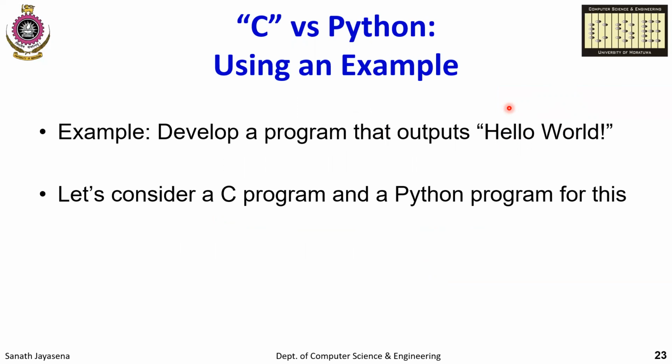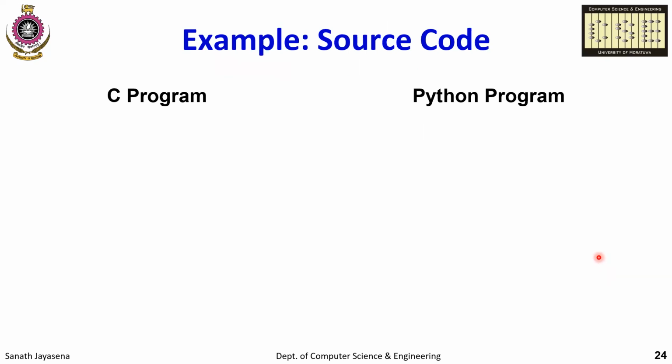Develop a program that outputs the message "Hello World." Very simple statement. We just want to output these two words, "Hello World," followed by an exclamation mark. Now let's consider a C program and a Python program to achieve this.